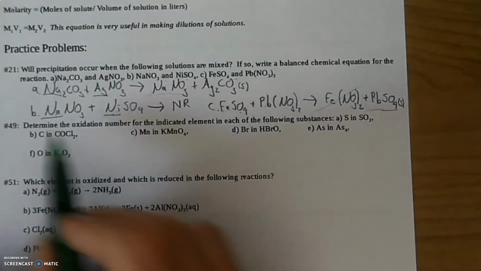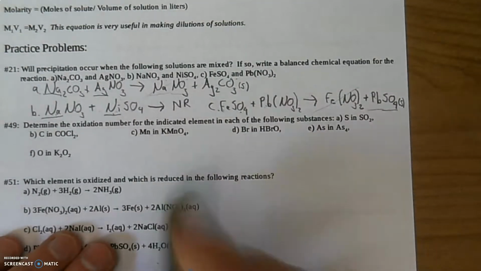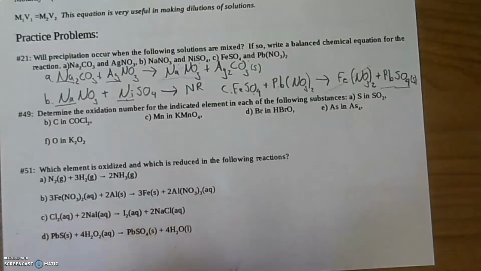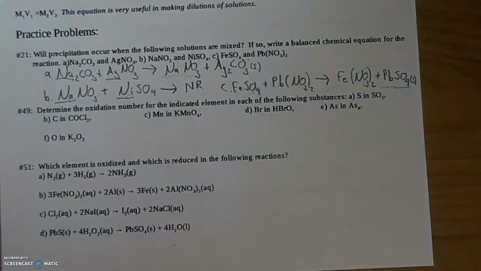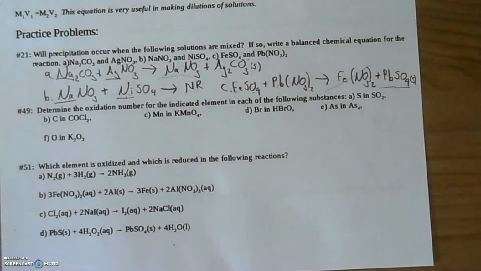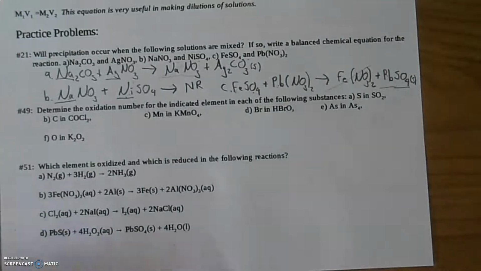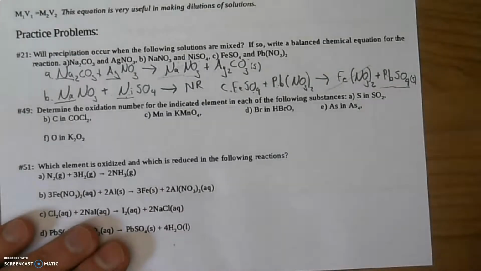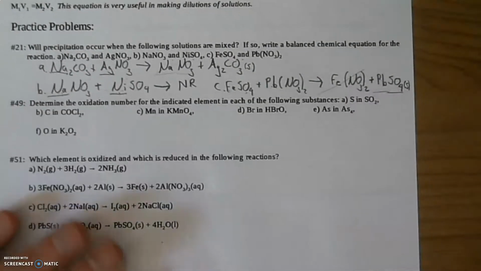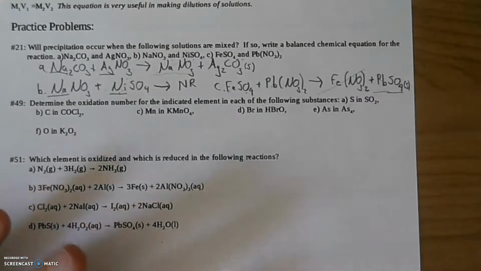Okay, oxidation numbers. We talked about this in the lecture, and it's something that we'll get a feel for now, but we'll hit it a lot harder in chapter 19 or 20. I think it's 20 that we'll talk about that more. When we look at these, I got the first one hanging out over here for A. There are some things you can count on as general rules, and the other ones have to adjust to that.